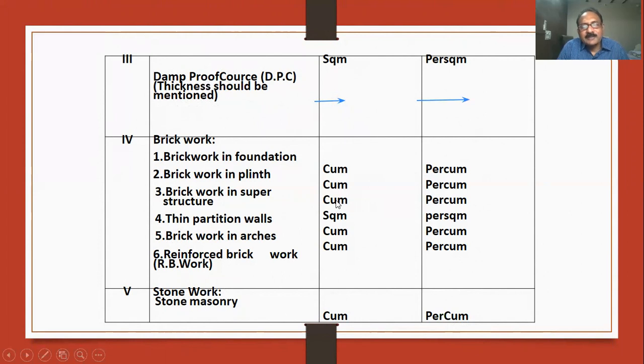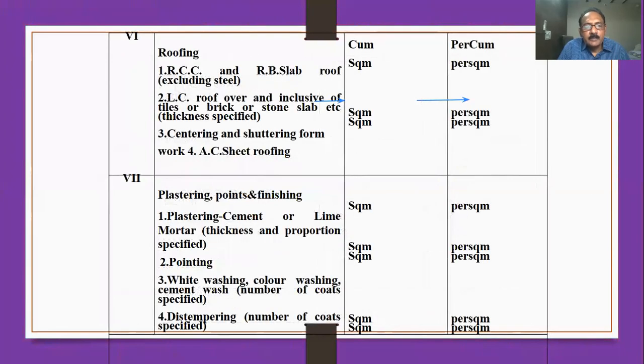Thin partitions, suppose a 4 inch wall, that is in square meter. Brickwork in arches, cubic meter. Reinforced brickwork, cubic meter. Payment also per cubic meter. So brickwork unit is cubic meter. Similarly, stone work, stone masonry, the unit is cubic meter, payment also in cubic meter.